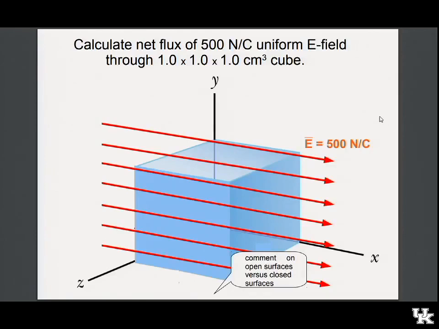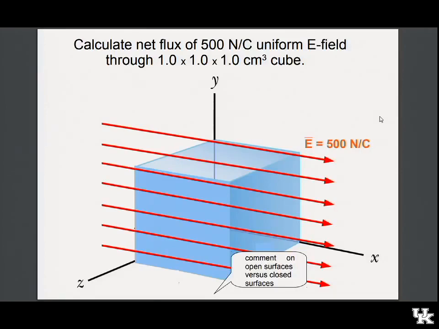A closed surface has a real distinction between inside and outside. You couldn't get inside if you're outside without punching through that closed surface, and you couldn't get outside if you're inside without passing through that surface. The lid of the box, that's an open surface. If I'm on this side of the lid, I can get to the other side of that surface just by walking around.